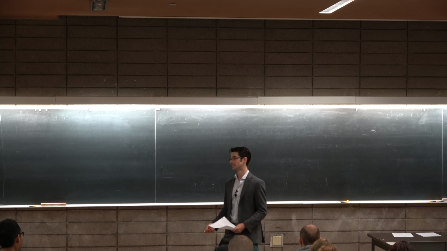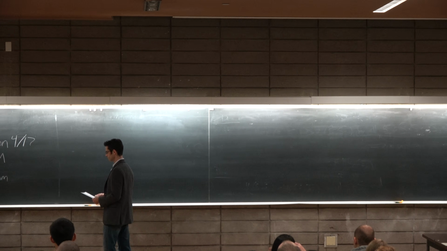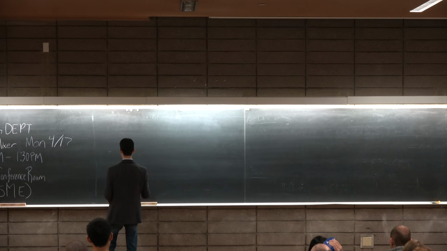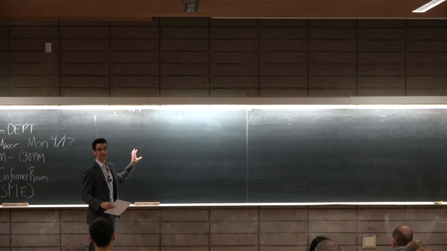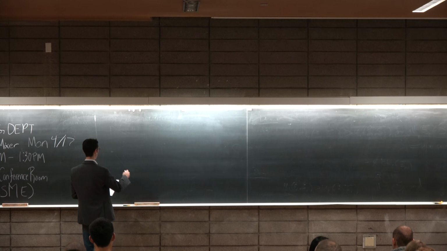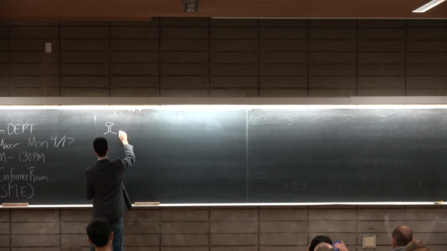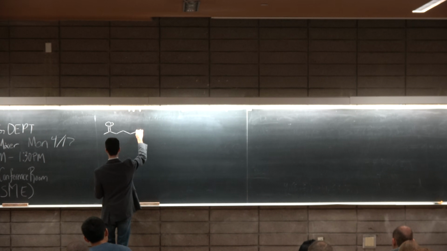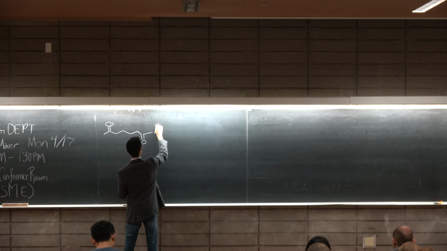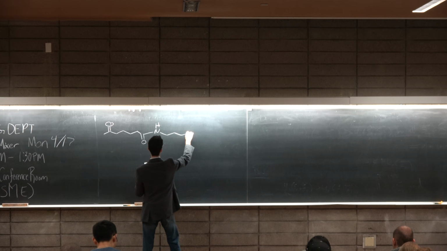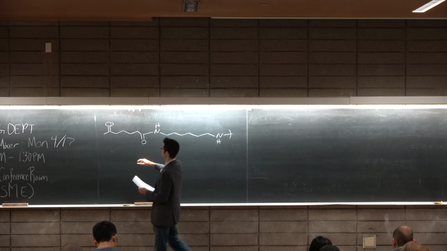chain growth polymerization. So what was typical in step growth polymerization is that we had these AB type monomers or AABB type monomers that ended up giving us products that looked something like my favorite polymer and yours, nylon 6,6.